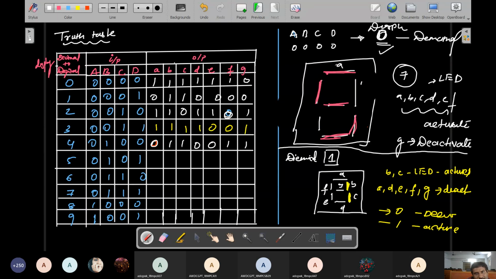These are the A, B, C, D, E, F, G terminals. So the terminals activated are A, F, G, C, D. The remaining deactivated ones are B and E. Simply put, activated as high, deactivated as 0.